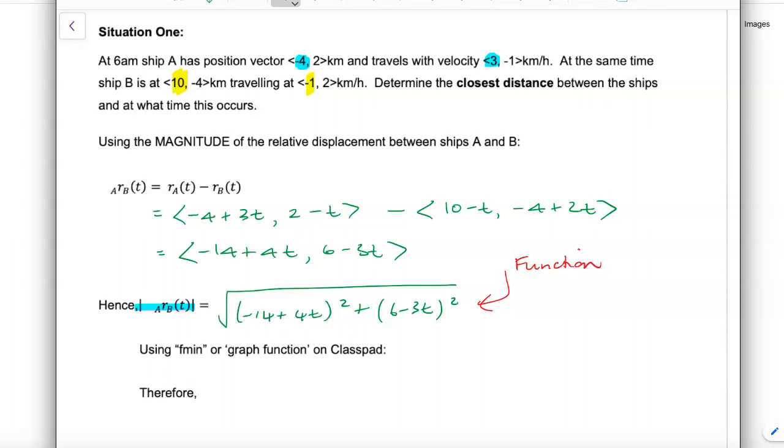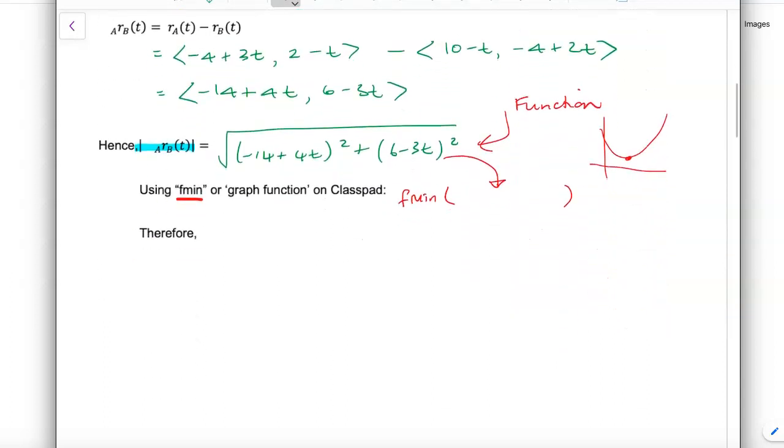We can either graph what this is going to look like and find that minimum point, or we can use function minimum in the main screen of our calculator. We can bring up function min and we simply put in that function.